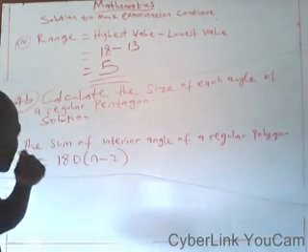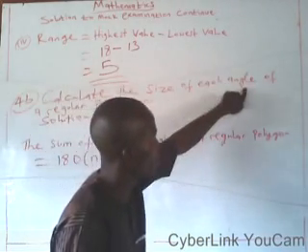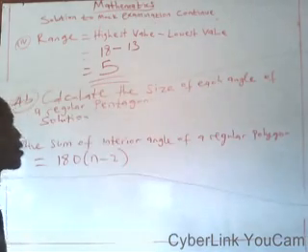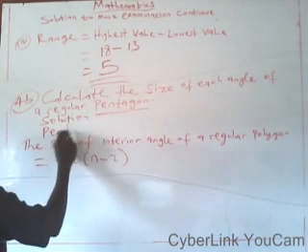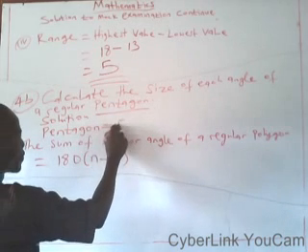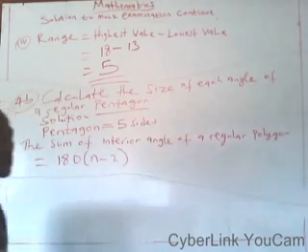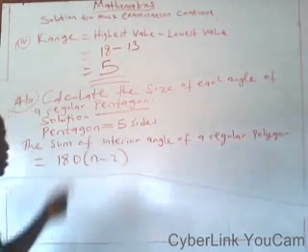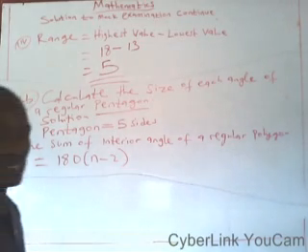But the question is asking us to calculate the size of each angle of a regular pentagon. Pentagon means how many sides? Pentagon is equivalent to 5 sides.